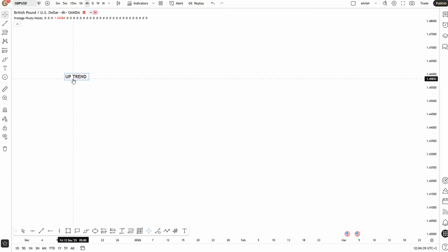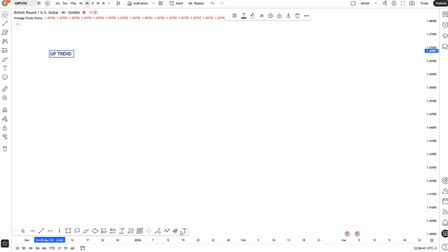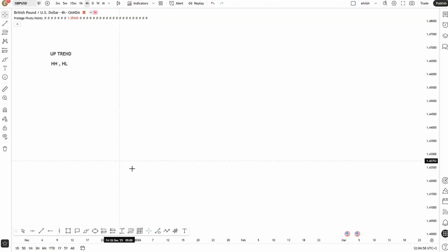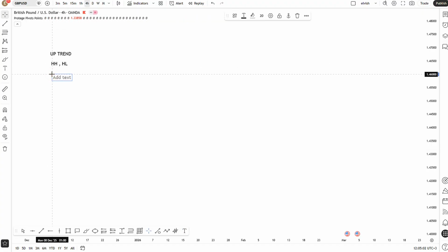We say an uptrend is made up of higher highs and higher lows. And then we said the higher highs and higher lows are made by pullbacks.